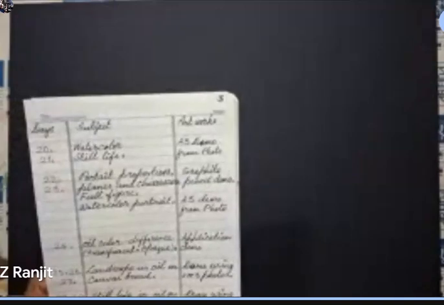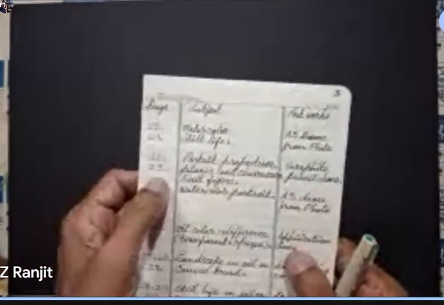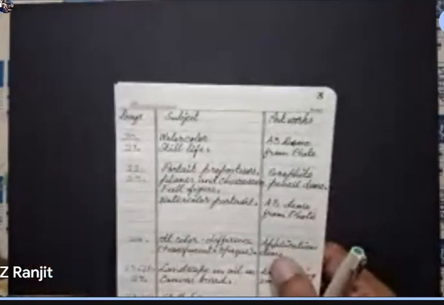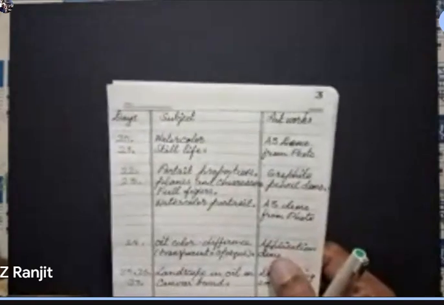Right? We did. Right? Okay. And then we did an A3 demo from a photograph of a portrait in watercolor. Okay. So we know the proportions. We know how to explain.